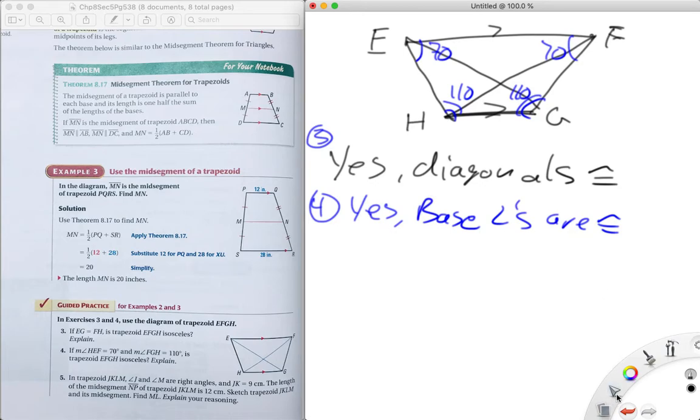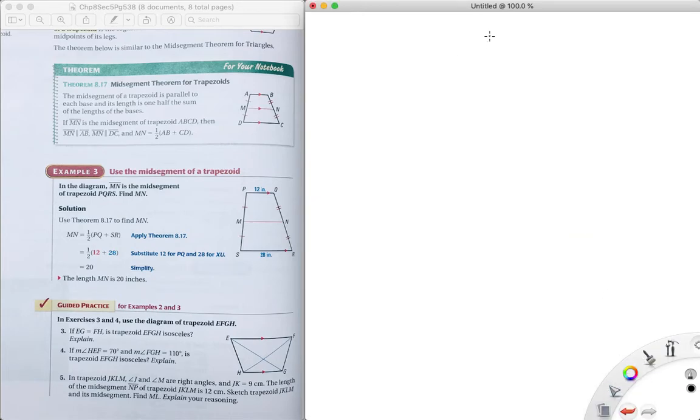Alright, number 5, we have a trapezoid JKLM. We're told these guys are 90-degree angles.